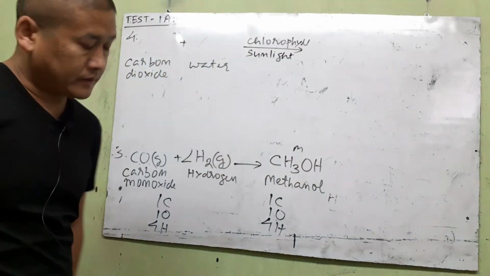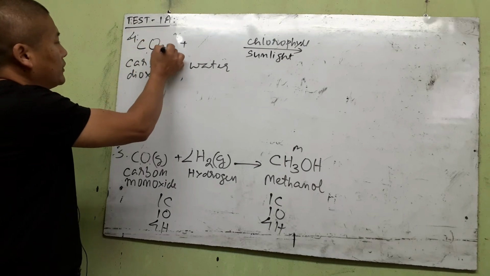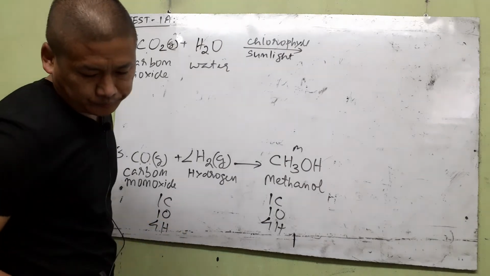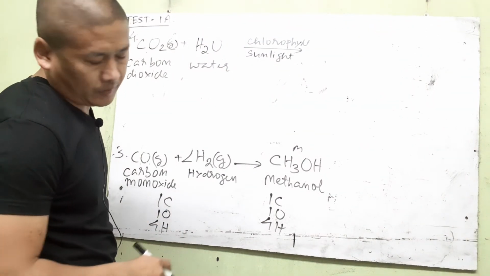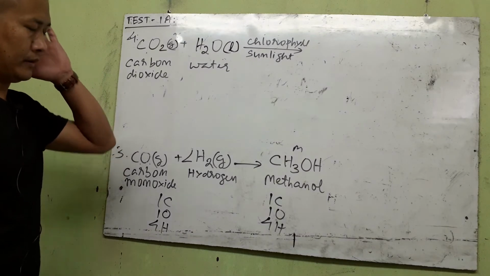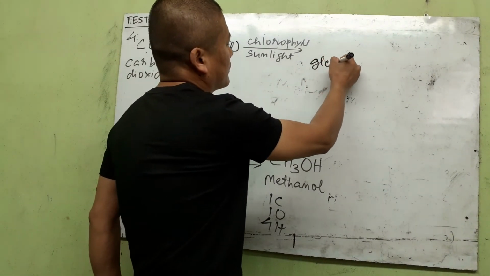So carbon dioxide in the gaseous form, they are saying, so CO2, we know g at the back. Water in the liquid form, we know water is liquid. In the presence of sunlight and chlorophyll they produce their own food called glucose.